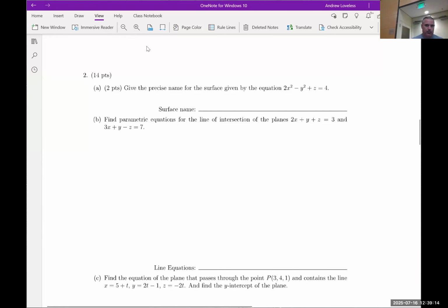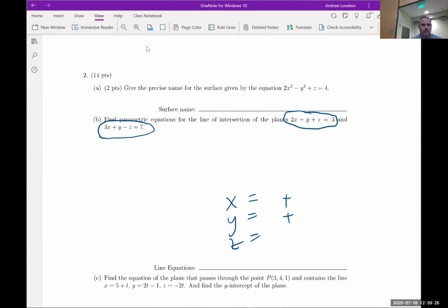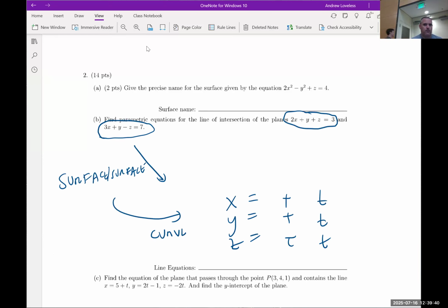This is not quite what you're asking, but this is the intersection of two surfaces, a plane and a plane. And the final answer is going to be a line. Now, we have a certain way to do those, but the comment is if it's a surface, your final answer is going to be a curve.